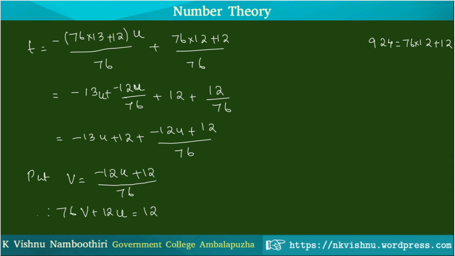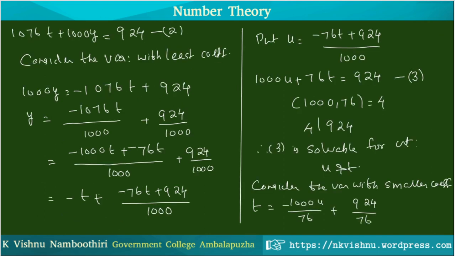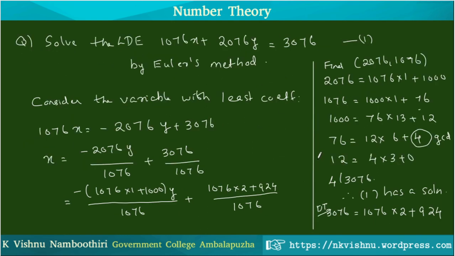Now consider the variable with the smallest coefficient, that is the coefficient is 12. Therefore u equals minus 76v by 12 plus 12 by 12. Okay, even before that, we have to check the GCD of 76 and 12, but the GCD is already here.